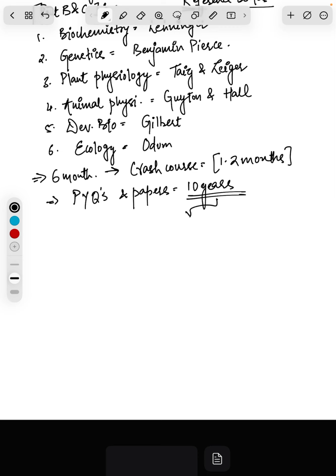Out of that, the main thing is quantitative aptitude, because these questions do not vary much. The variations are low.